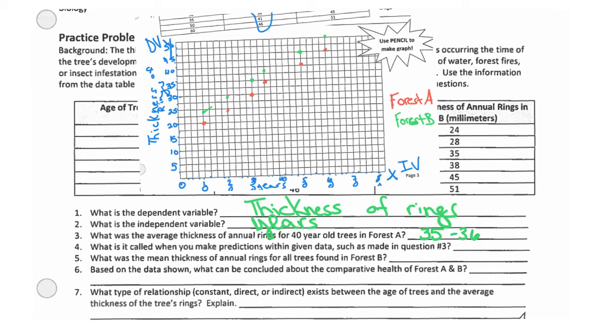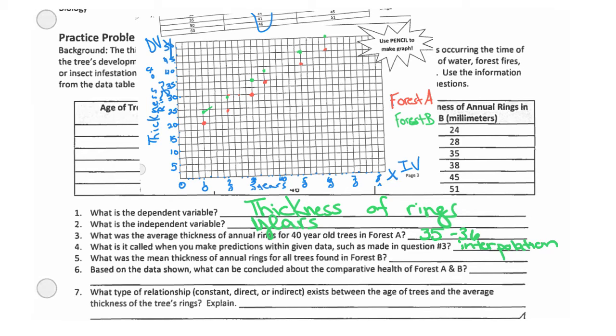What is it called when you make predictions within the given data? So that's that inter, because it's in the data. Interpolation. Okay. What was the mean thickness of annual rings for all trees found in Forest B? So this is when you're going to have to get your calculator and add those up and divide by how many there are. So let's do that real quick.